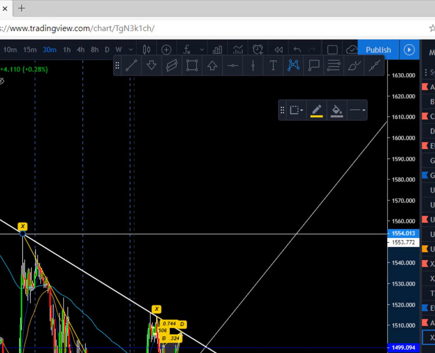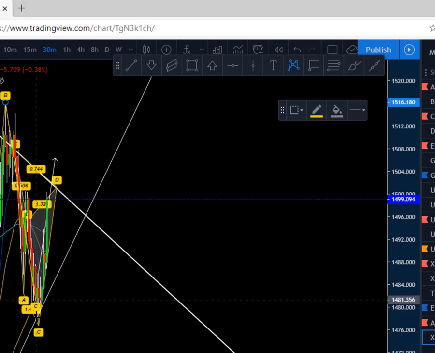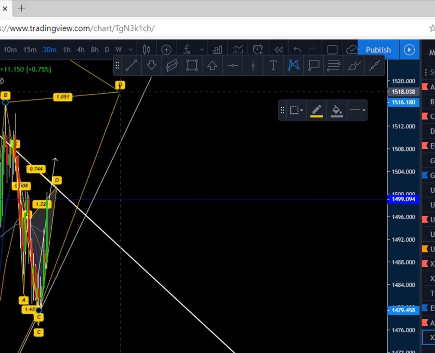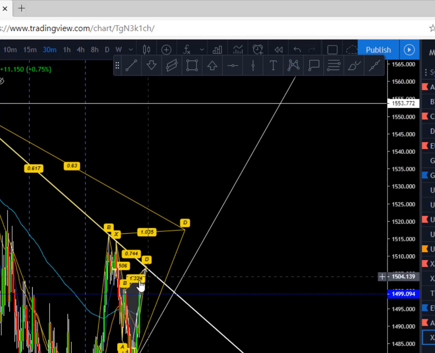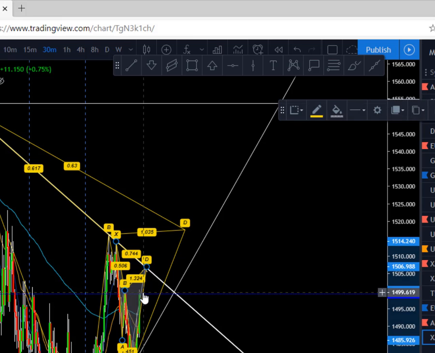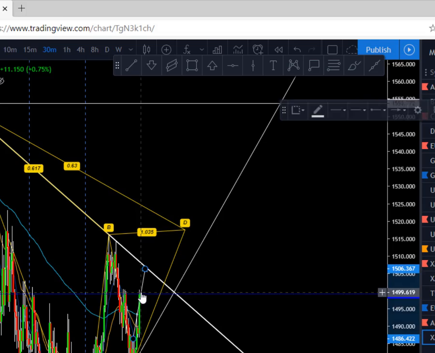X, A, B, C, and D. I'm going to get rid of this previous pattern, because it creates a distraction.